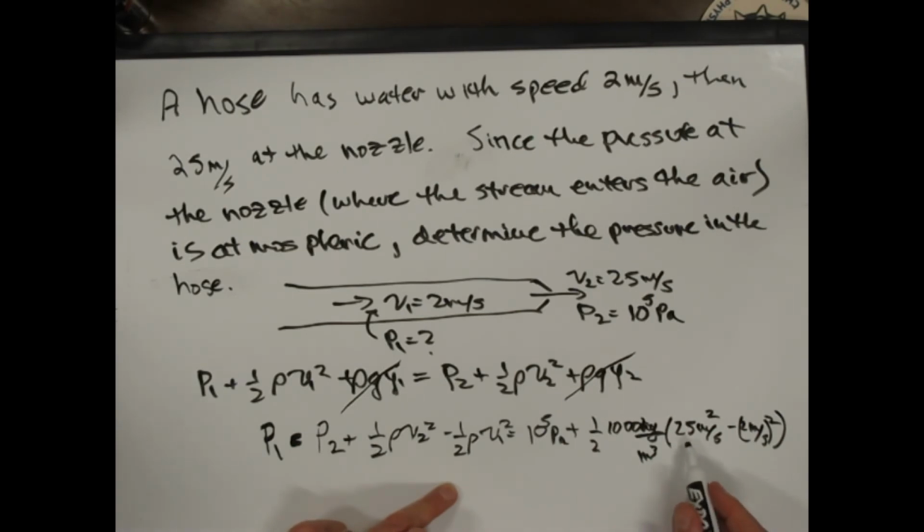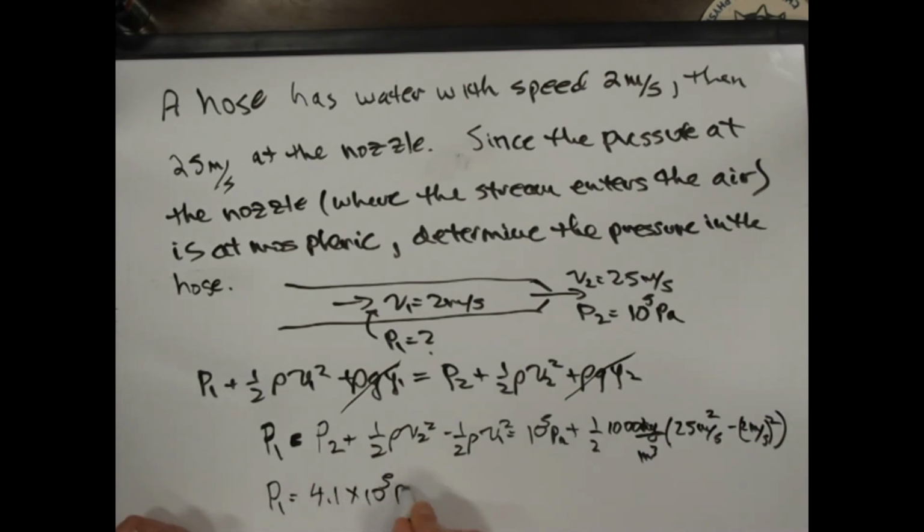And so this is roughly 625 times 1,000, which is 625,000, divided by 2. It's about 310,000. And so what I get for this is P1 is equal to about 4.1 times 10 to the 5th pascals, or about 5 atmospheres. Oh, sorry, about 4 atmospheres. Something like that.